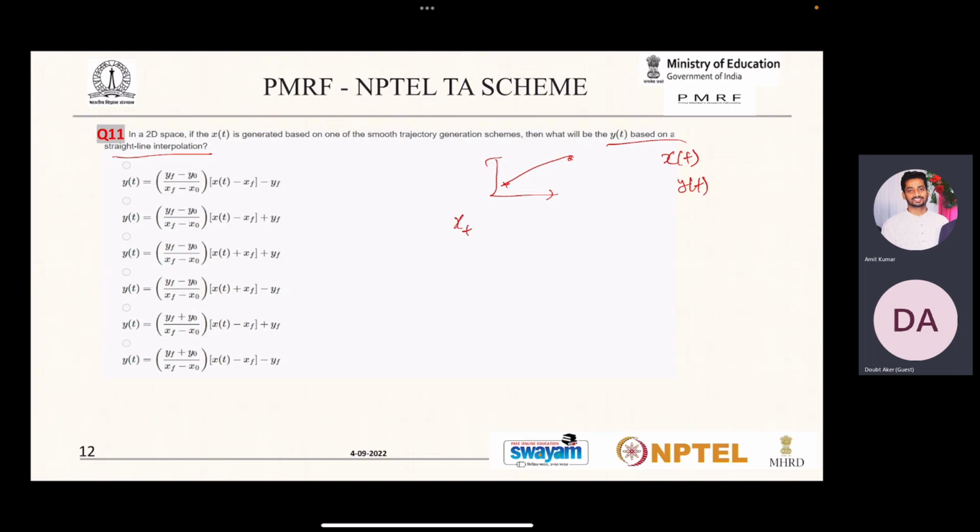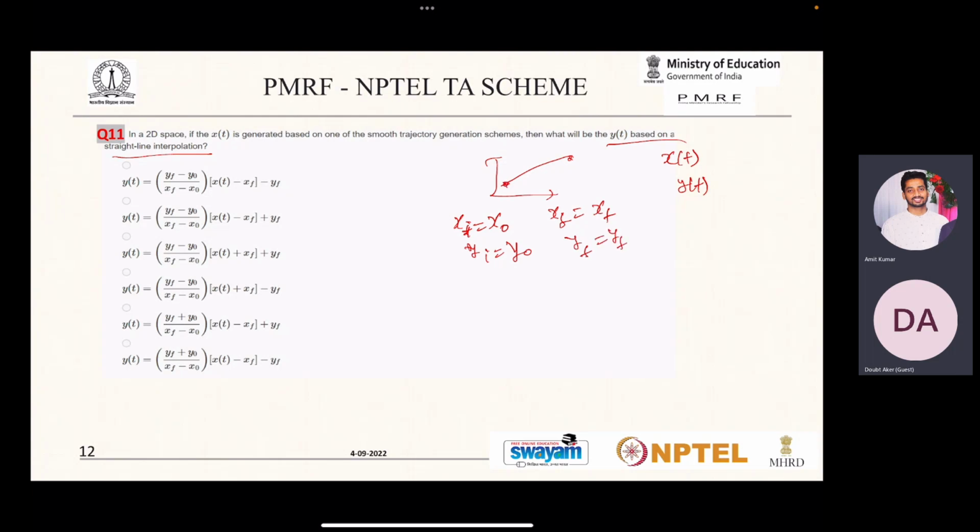Suppose we know xi, that is x naught, and xf, that is xf itself, and yi, that is y naught, and yf, that is yf itself.